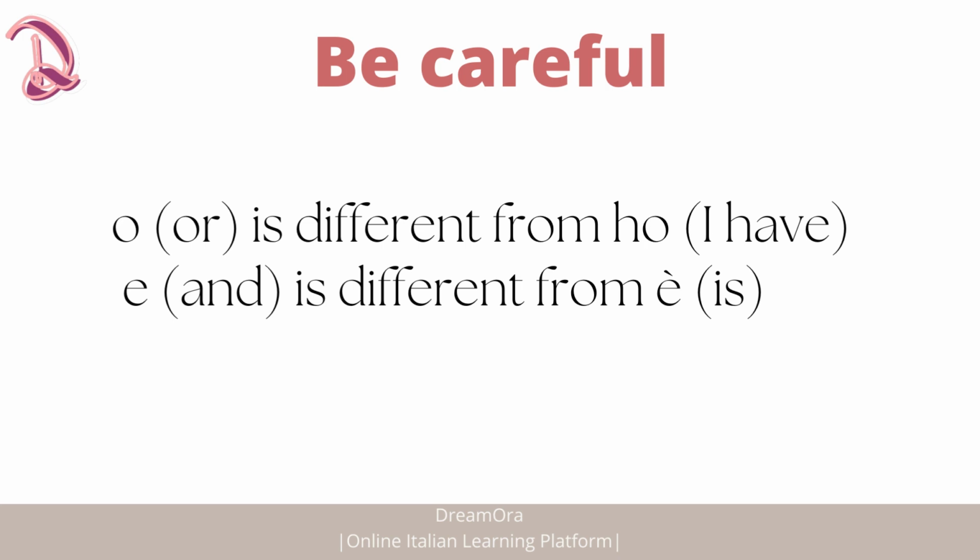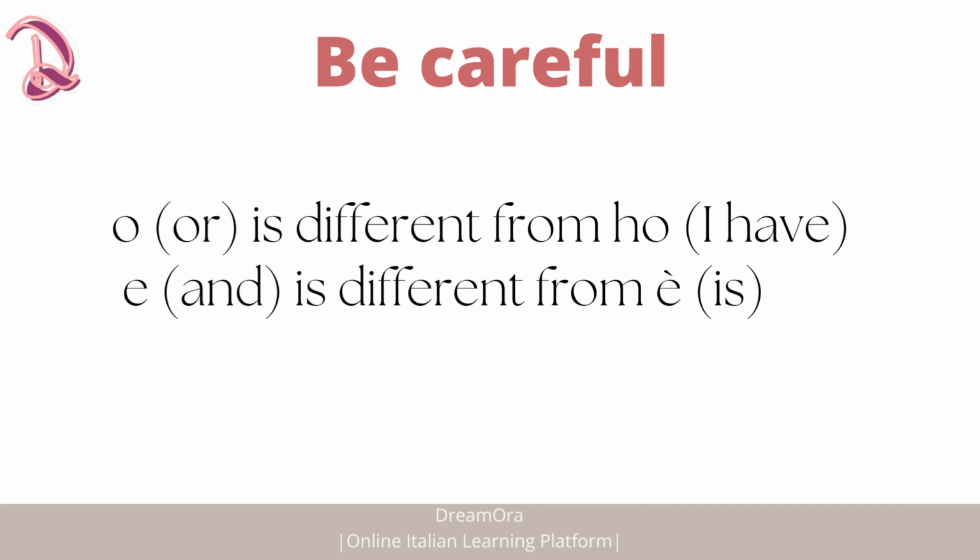Then we have the same thing for E. E alone means and, and it is closed. And it is different from è, which is the verb to be conjugated. So è, is, he is, lui è.